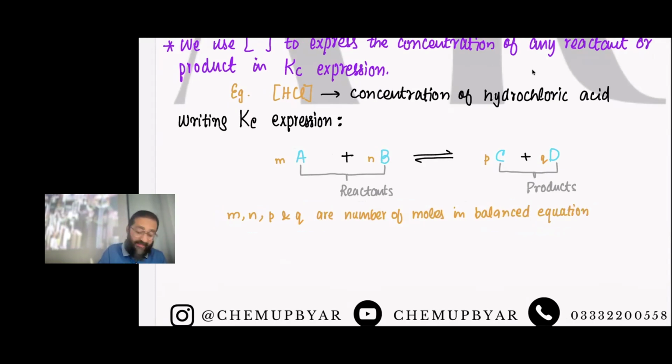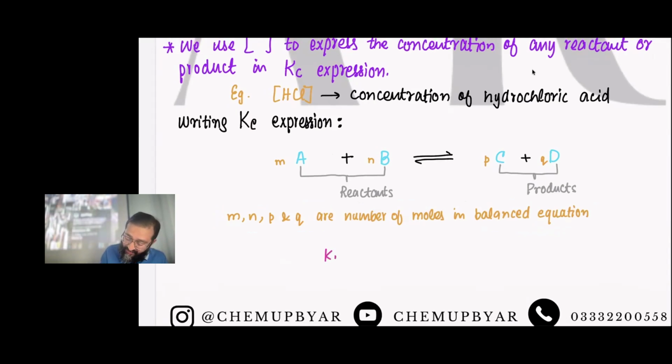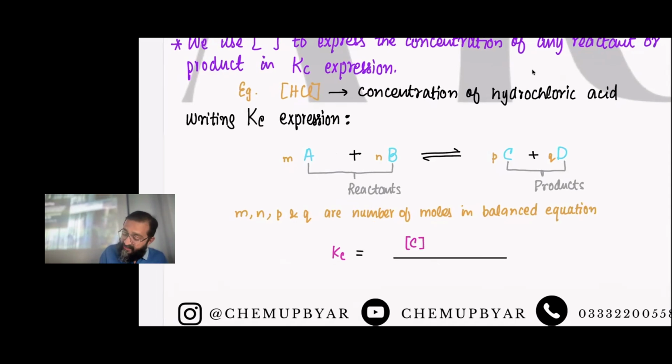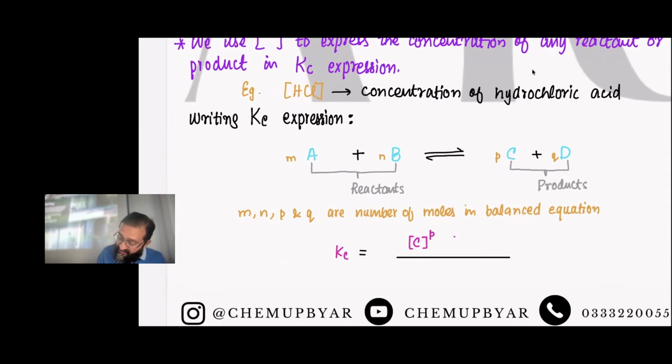Now if I am going to write the Kc expression, Kc is equal to the concentration of C raised to the power P, which is its number of moles, times the concentration of the second product, D, raised to the power Q, which is its number of moles.